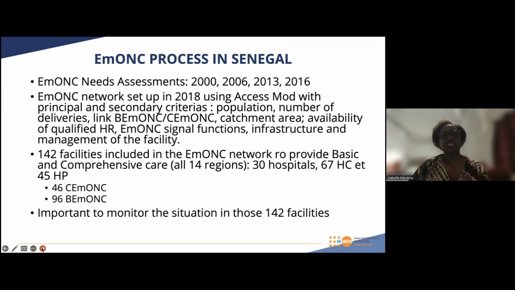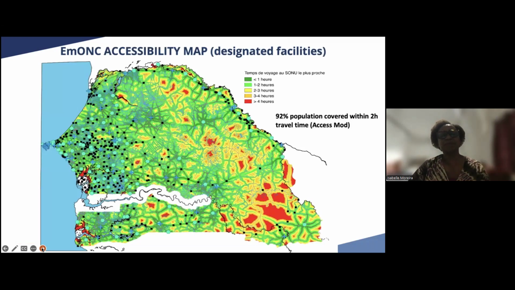This is just to show you the accessibility map, because accessibility is key when you are talking about emergency care. Travel time is key. The referral delay is also important, because we are talking about emergency. If a woman doesn't arrive on time... With AccessMod, we have this travel time and the coverage of the population, depending on the travel time, the travel scenario and the geographical conditions.